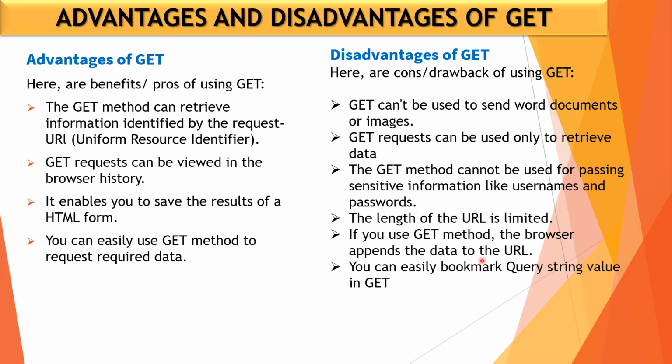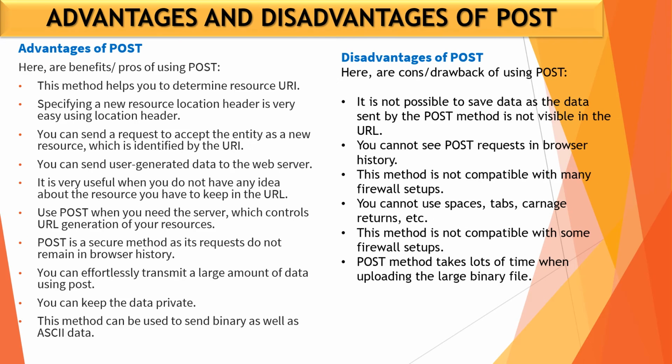If you are using the get method, the browser appends the data to the uniform resource locator, that is, the web address. You can easily bookmark query string values in get. So you can bookmark in the get method, but we cannot do it in the post method.